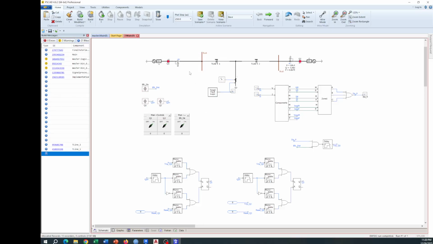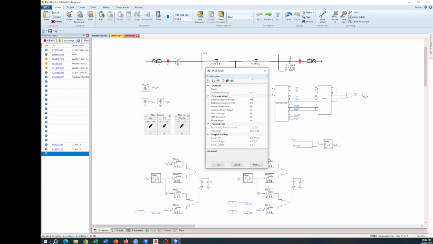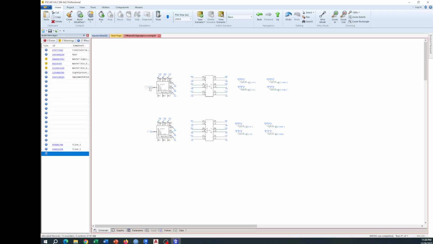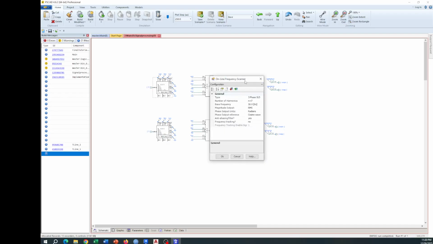To get the impedance I need voltage and current parameters. From this multimeter I get the voltage and current signals, and using this block I will get the voltage magnitude, and this is the online frequency scanner.